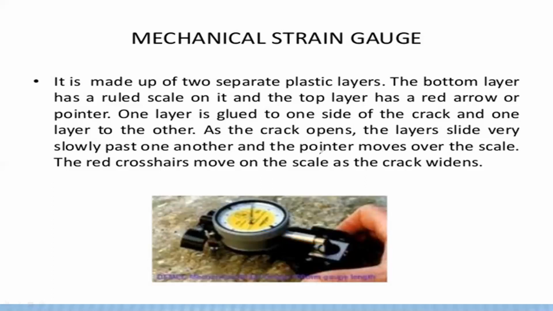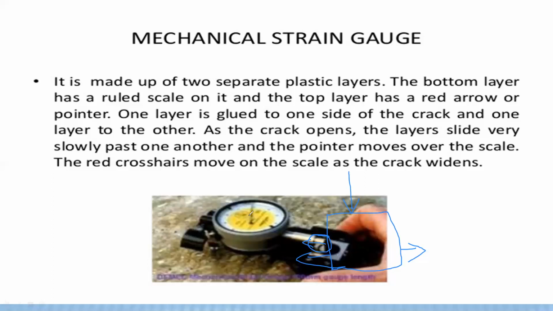Whenever the crack opens, if the object is connected through this mechanical strain gauge and we apply load on this object, the length of the object should increase. It should be elongated. So with this elongation the knob is activated and it moves to this side of the mechanical strain gauge.